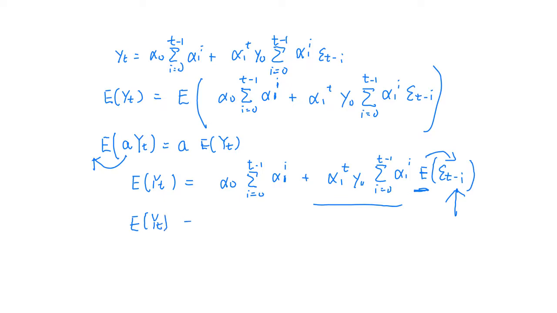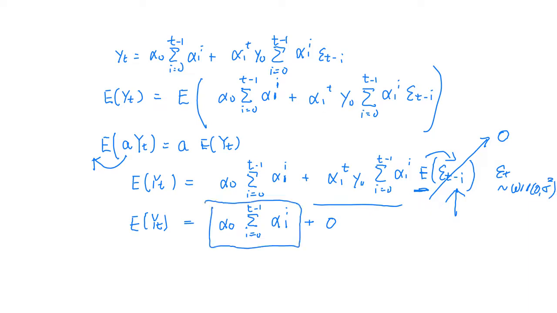E[yt] is actually equal to alpha naught. This part is gone because epsilon follows white noise. Right? So now the thing is here. Okay? So if t is very large, t approaches infinity, E[yt] is supposed to look like what?